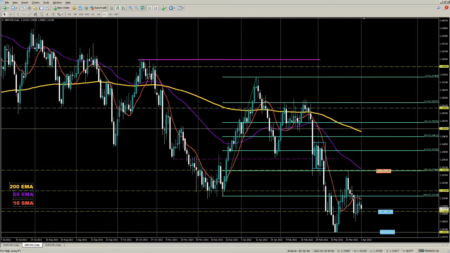So it started the week, it already fell to the 131 and struggled to find support and managed to climb up to retest this swing low.